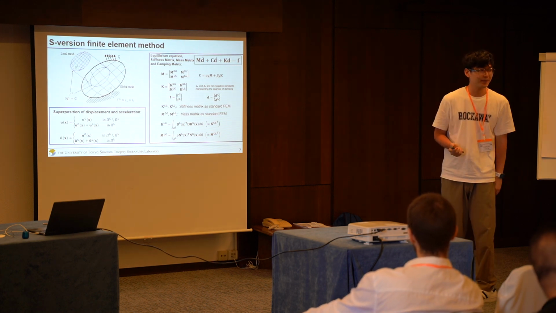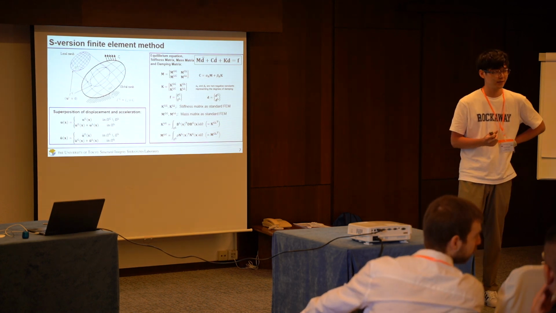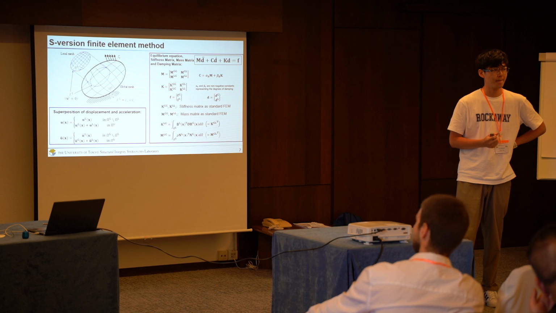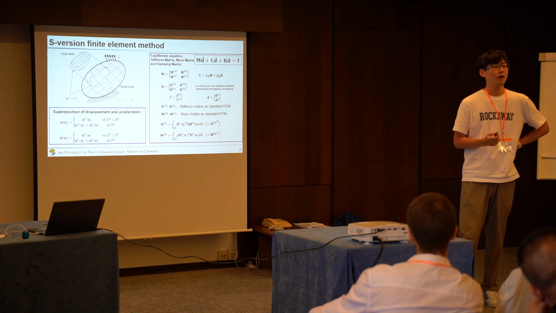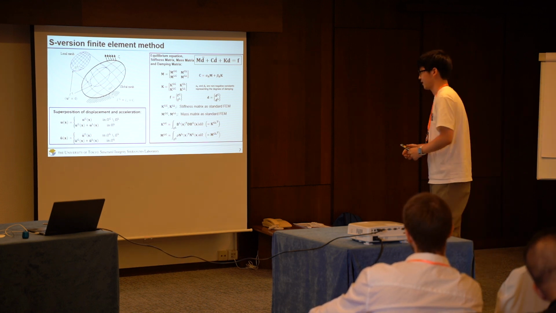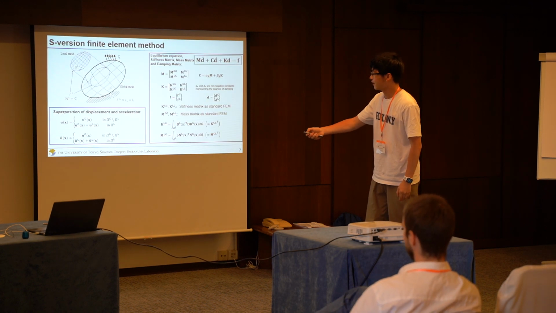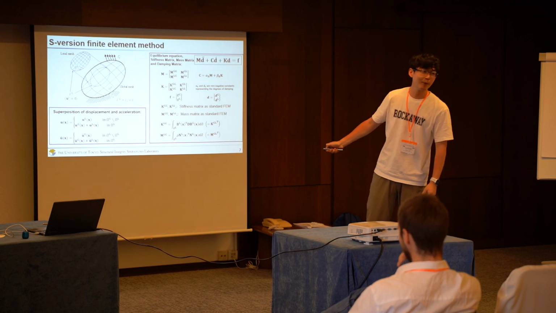But how does it work with the mass? Because the mass is accounted for in the local mesh and in the global mesh, didn't you count it twice in that region? Yes, you're right. It works because we superpose the results.